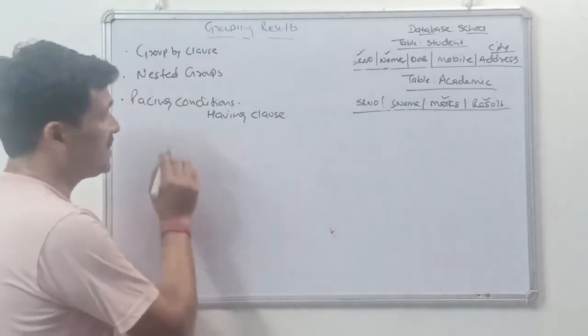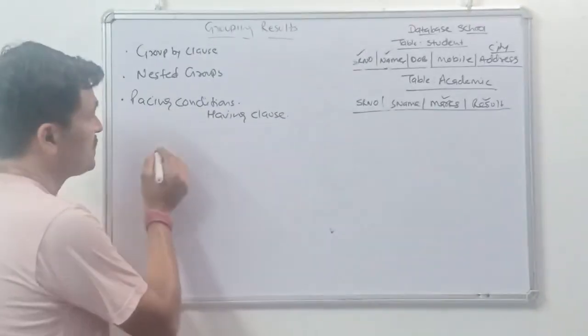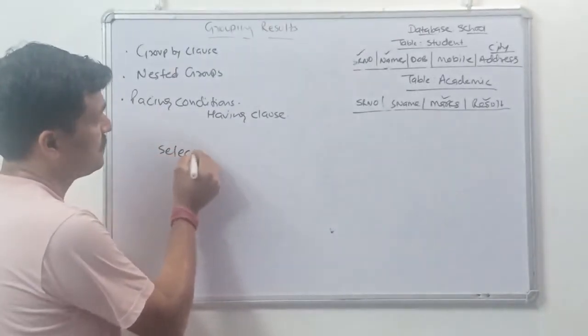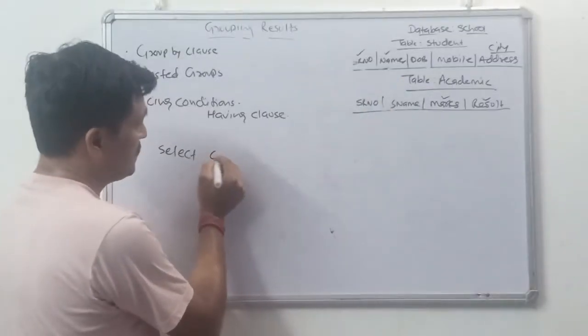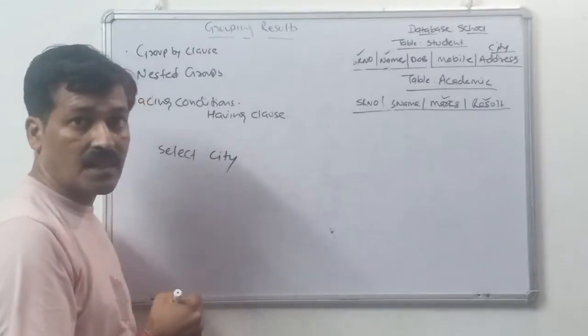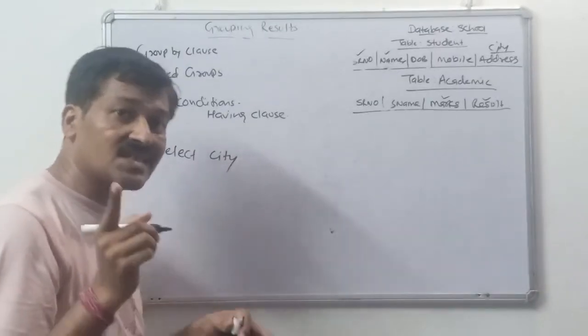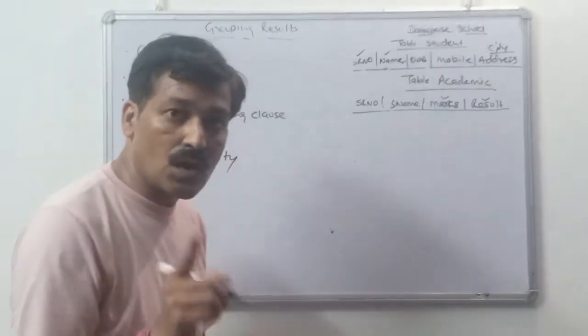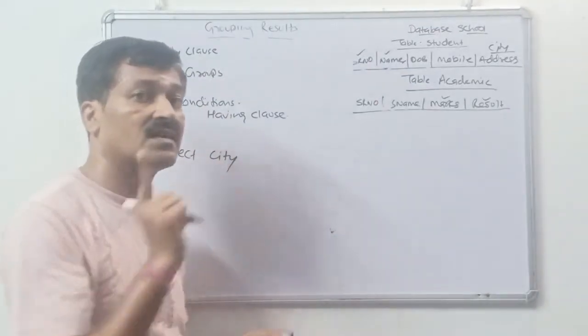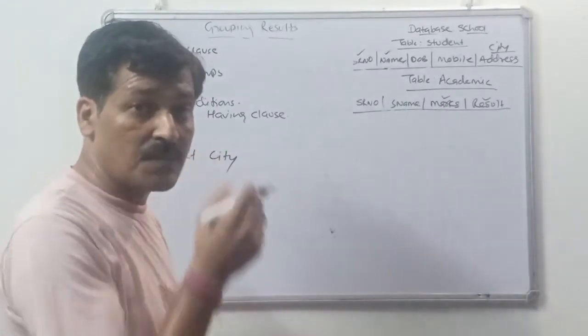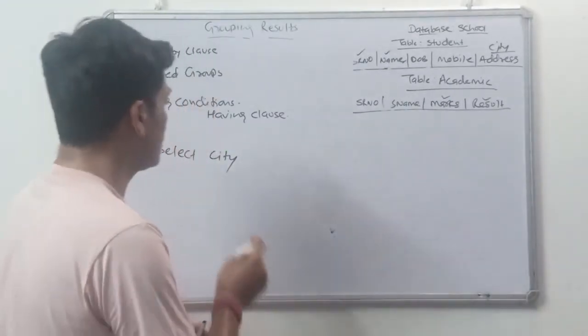So for this I am going to write the query: select, किस कॉलम से मुझे करना है, city से, city. Keep in mind, it is suggested that the column by which we are creating the group be placed just after select. It will give you a proper, appropriate result.